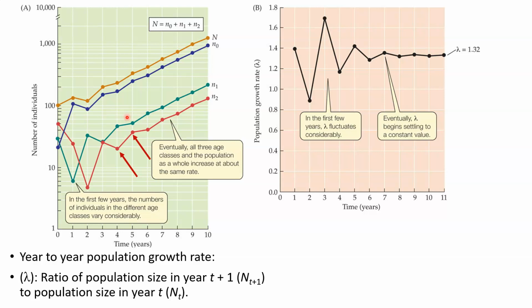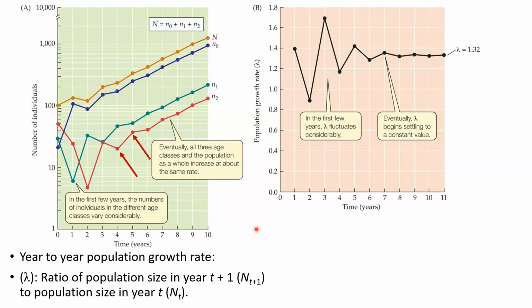So the idea is, yes, different age classes earlier in their developmental or growth curve may massively vary, but they behave in different ways, so they can cancel each other out, and ultimately the overall population does not show that kind of massive fluctuation. You can see the overall population fluctuations are relatively smaller, even in the early 50 years.